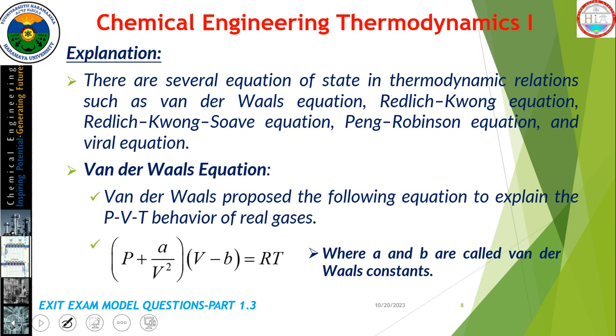So the van der Waals equation can be written mathematically as P plus A over V squared, closing the bracket, in bracket V minus B, which is equal to RT, where A and B are called van der Waals constants.